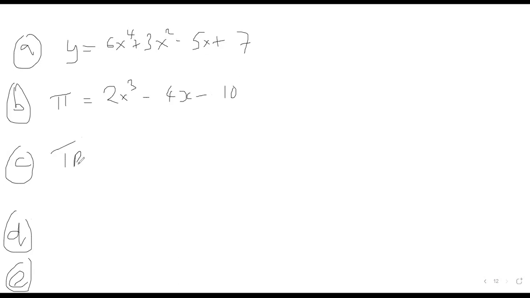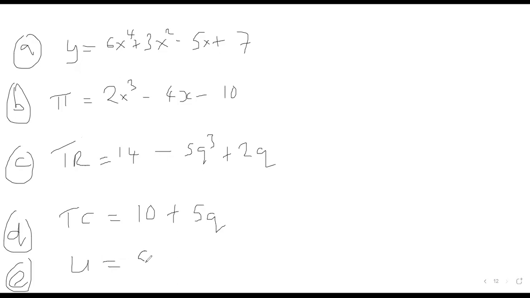And TR is equal to 14 minus 5Q^3 plus 2Q. Then total cost is equal to 10 plus 5Q. And finally, utility is equal to 5x to the power 3, y to the power 7.